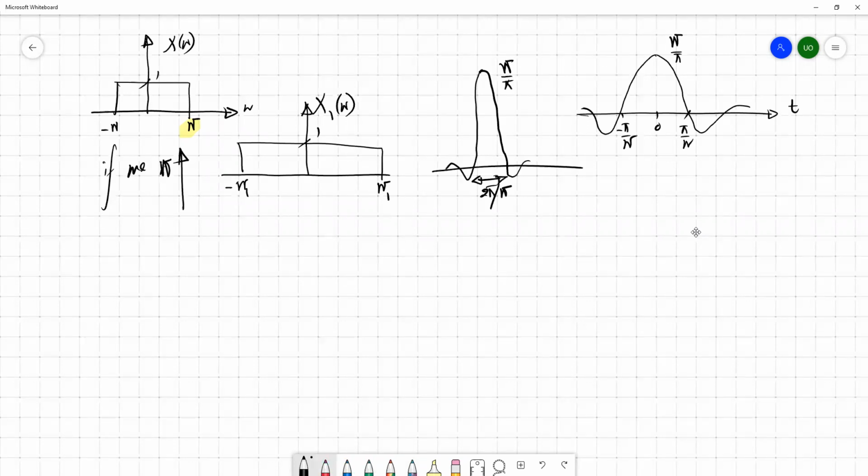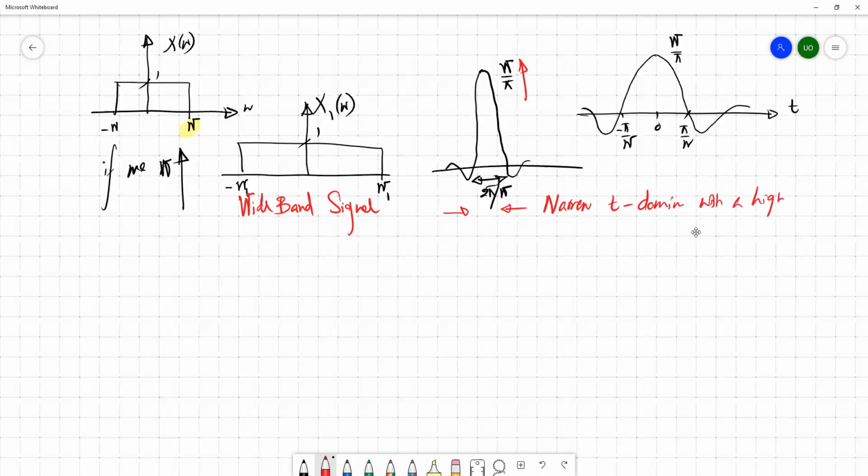This becomes increased and this becomes decreased. So if you consider a wideband signal, you will get a narrow time domain signal with a high peak value.